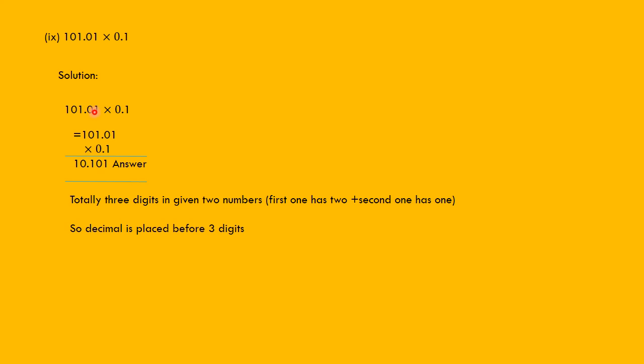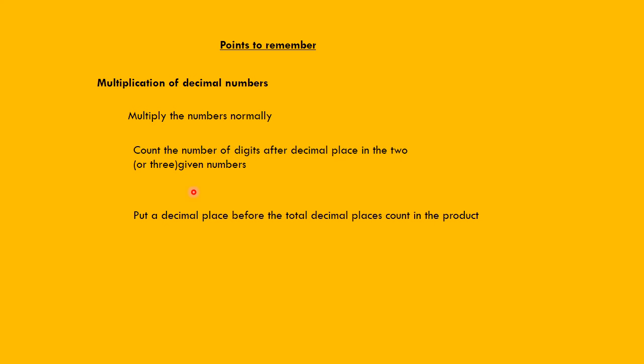Okay. So for the two numbers you have to count how many digits we have after the decimal place. The total number of decimal places, we have to leave them in the product to the right and then put a decimal. So the points to remember are nothing much here.